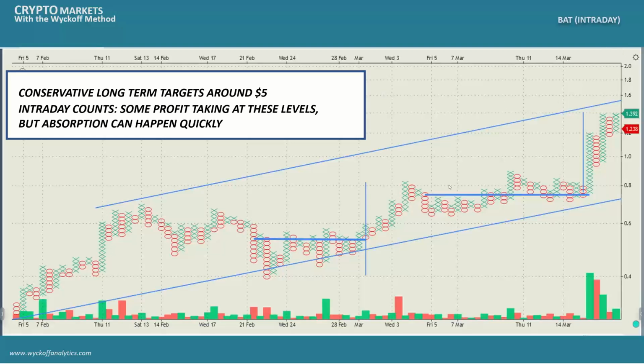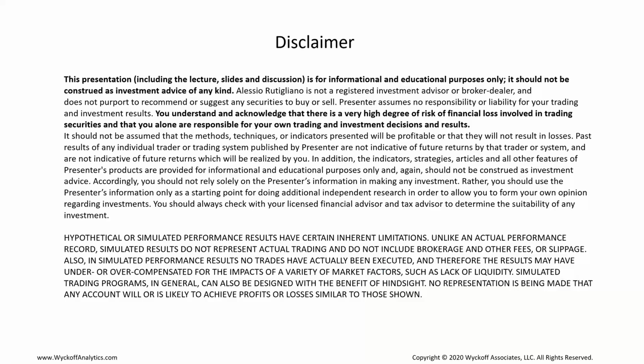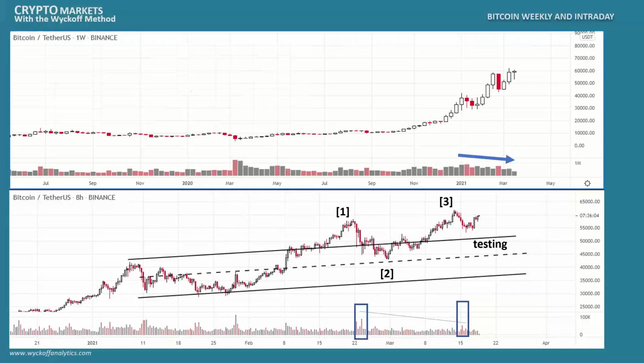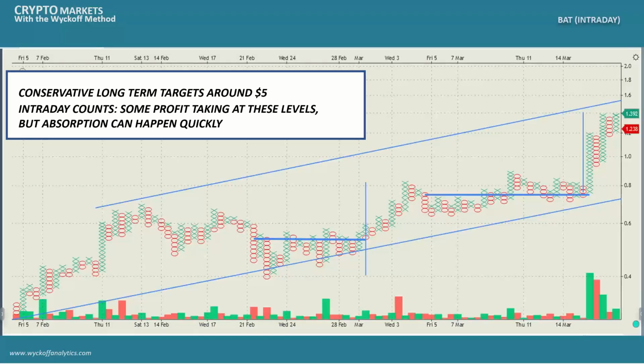All right, Alessio. Anything else? Well, about this chart, I think that this market is very fast. If you are trading just a few assets, you can go in and out of one asset, taking profits, adding to the position, and conduct a proper campaign. But if you are trading, for example, 10 or 20 cryptocurrencies at the same time, it becomes more difficult to manage campaign positions.